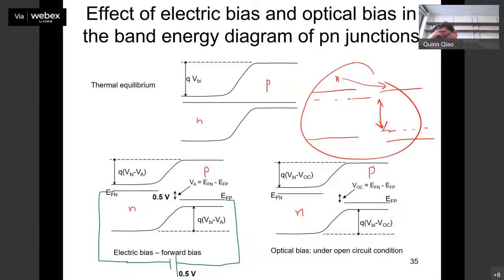From N to P, we are finding the variation in the electric field. But perpendicular to that one, we are not finding any variation. Yeah, because the electric field is across the device, not parallel to the device. It's from the N to P.